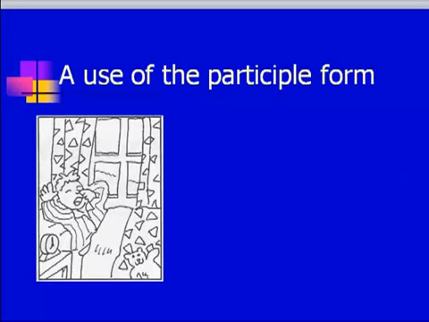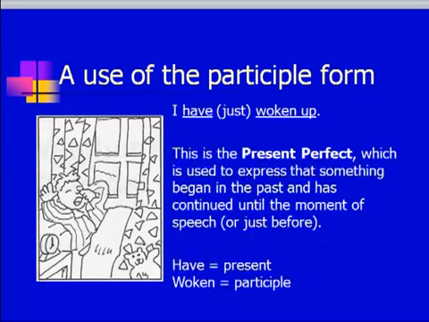Okay, let's move to a participle form, and we find that the participle form can actually be used for two slightly different sorts of things, and one of them is this. You can say something like, I have woken up, or I've just woken up.